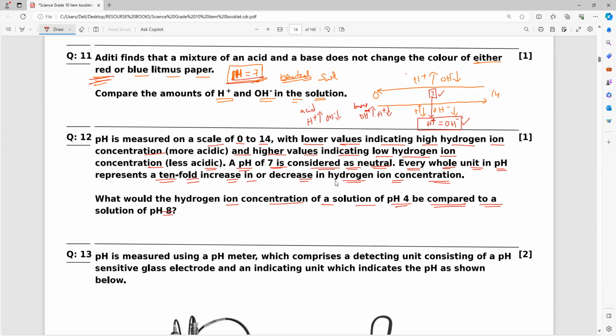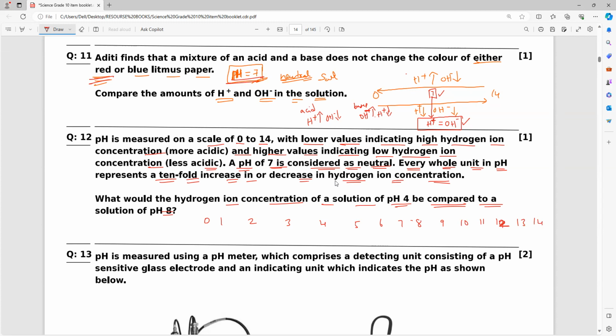We all know, once again, if you take the pH scale, we have 0 to 14: 0, 1, 2, 3, 4, 5, 6, 7, 8, 9, 10, 11, 12, 13, and 14.